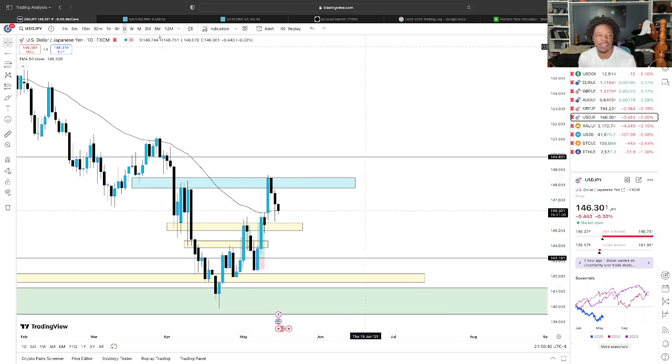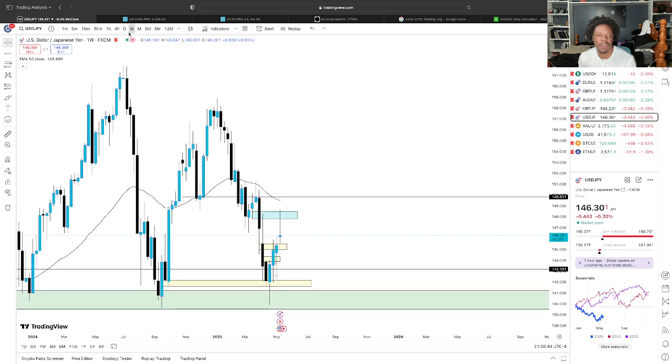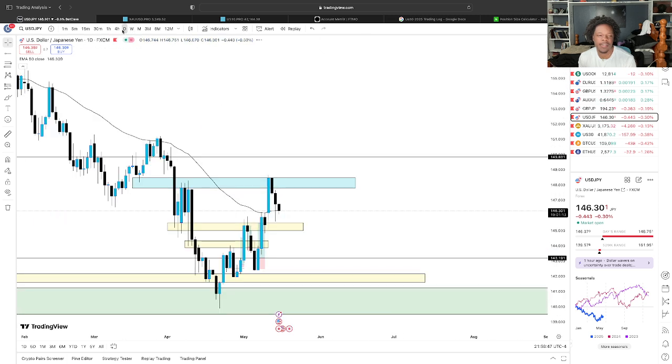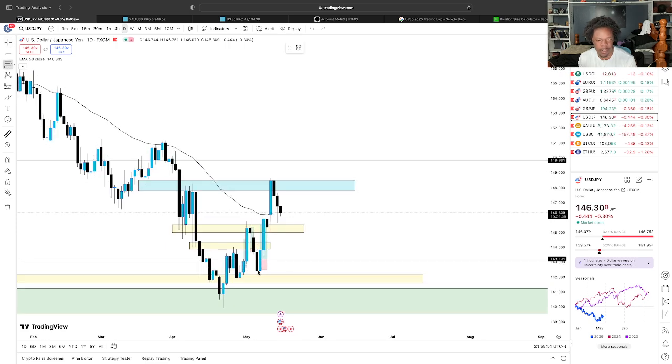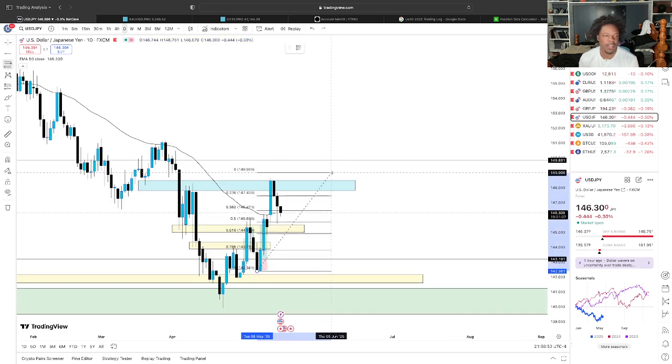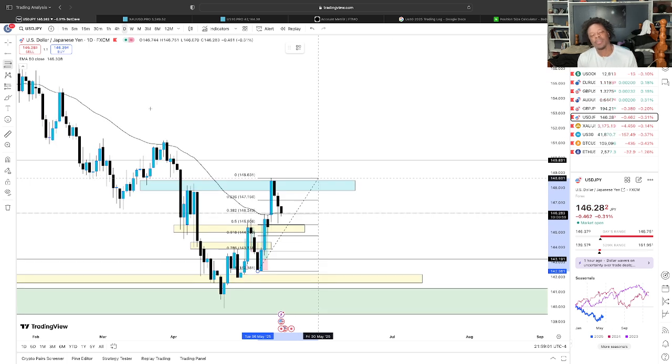So should price action break structure on higher time frames, measuring this bullish trend that is currently happening right here, price action could respect this 38.2% retracement after creating a bearish doji candle yesterday.